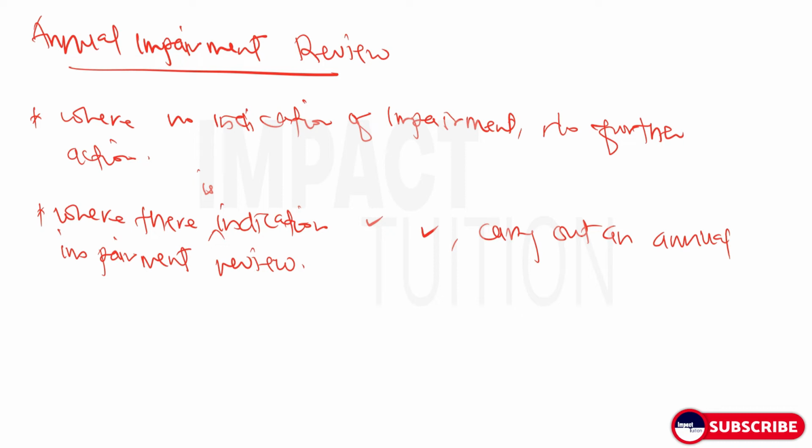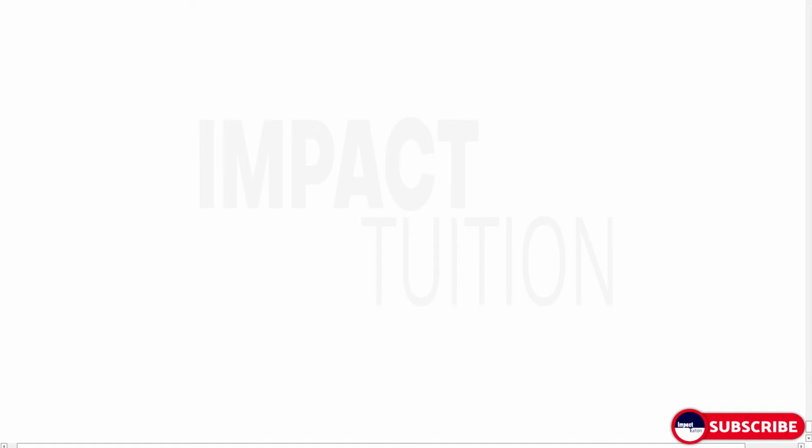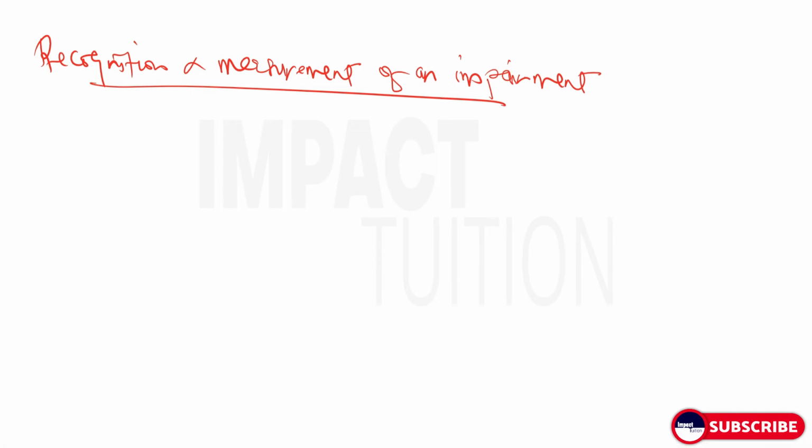Recognition and measurement of an impairment. Where there is an indication of impairment, an impairment review should be carried out.